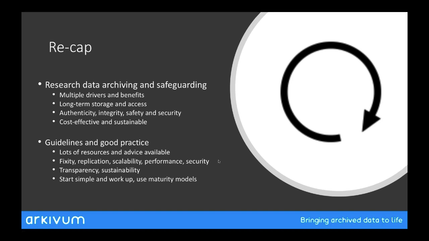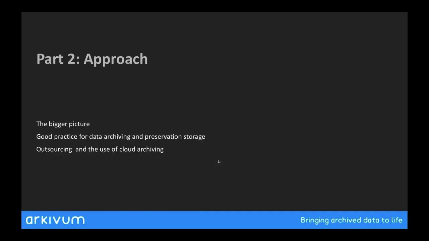And we've had a look at the guidelines and good practice that's available that says how to identify, evaluate, assess, and measure possible solutions, including key characteristics such as transparency and sustainability, as well as more technical issues such as data replication, fixity checking, security, and so on.